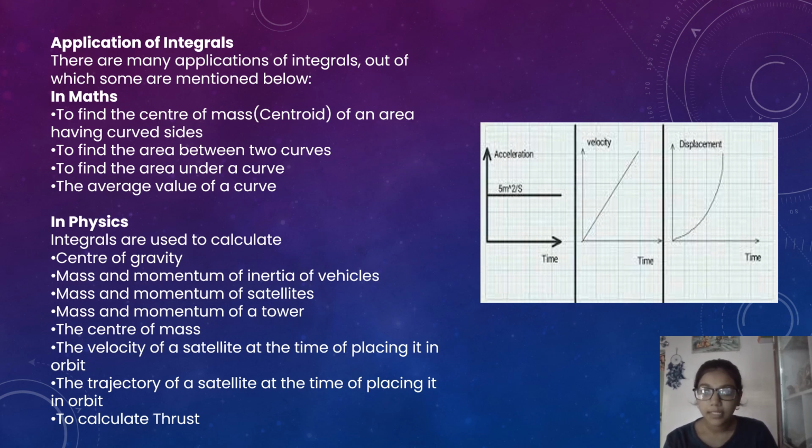In physics, integrals are used to calculate center of gravity, mass and moment of inertia of vehicles, mass and moment of inertia of satellites, mass and moment of inertia of a tower, the center of mass, the velocity of a satellite at the time of placing it in orbit, the trajectory of a satellite at the time of placing it in orbit, to calculate thrust.